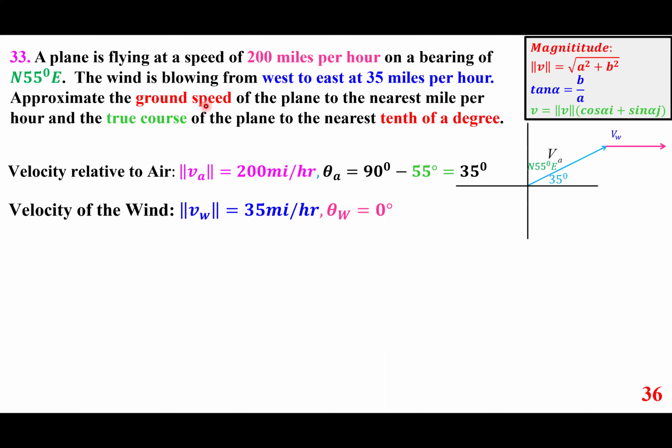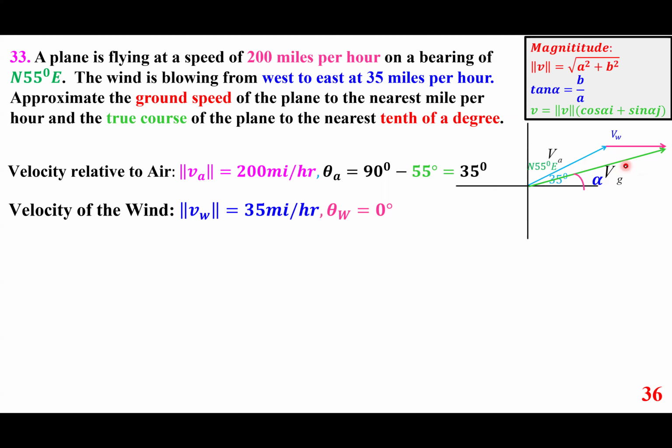Approximate the ground speed. For the ground speed, we have to add these two vectors. And we want to come up with the true course. First and foremost, this makes an angle, we call it alpha, with respect to the positive side of the x-axis. This is v sub g, the velocity with respect to the ground.